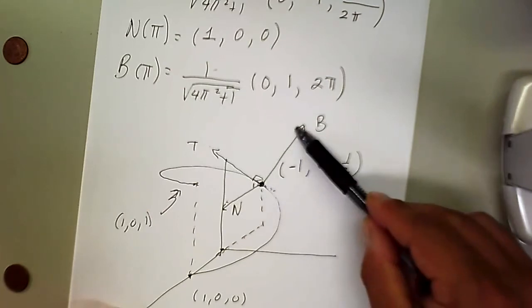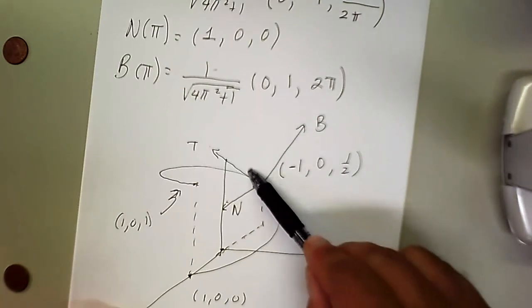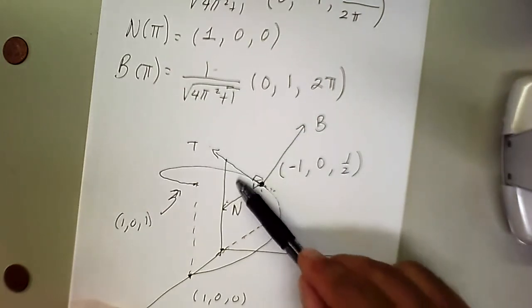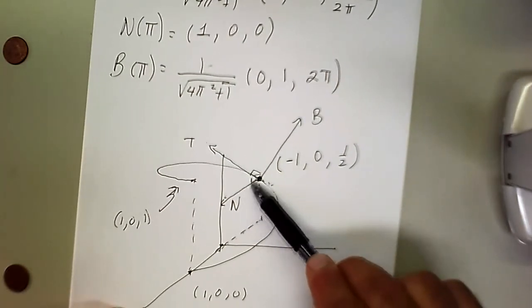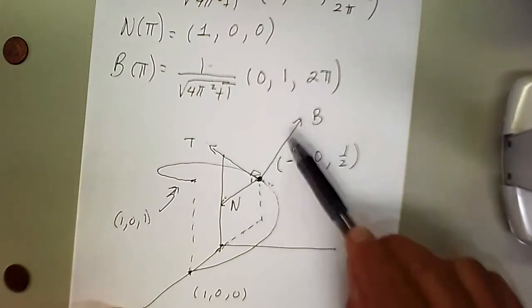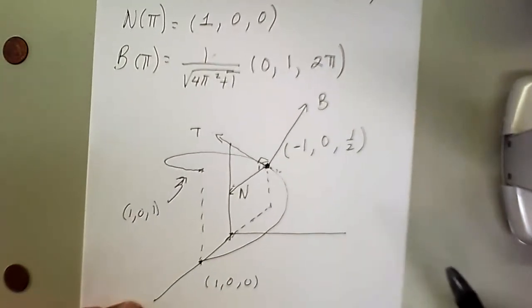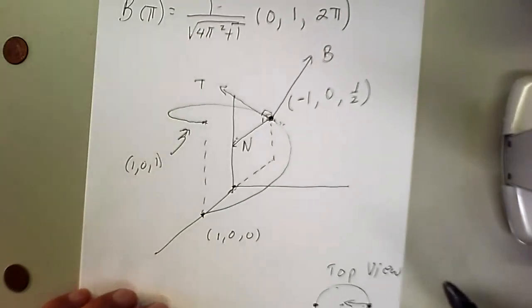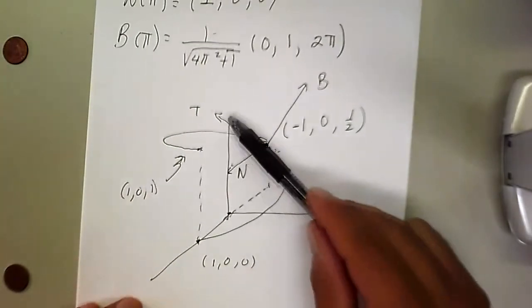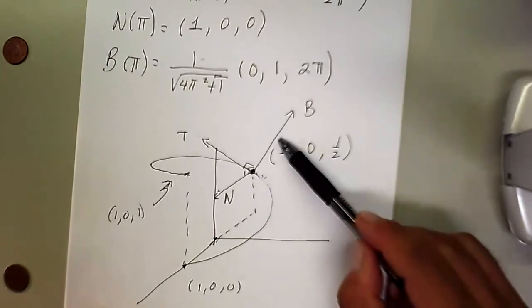The binormal vector would be the cross product tangent versus normal. So you cross them this way. And by the right hand rule, the cross product gives us this vector. So that is a neat example, I think, of finding the tangent vector, normal vector, binormal vector.